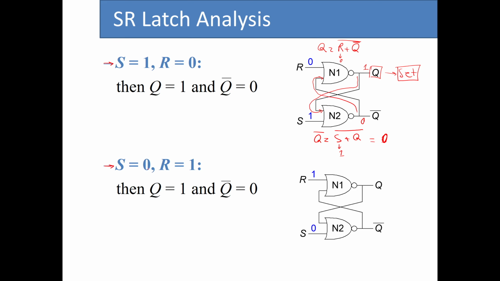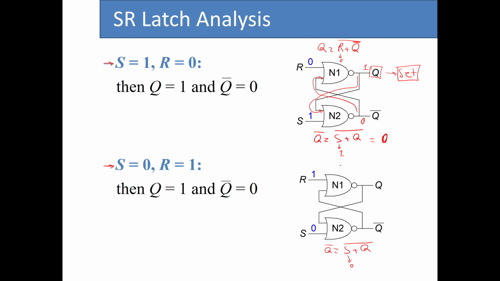In this configuration, we have S to be 0 and R to be 1. Now, let's just do the same analysis. Between these two NOR gates, which one of them do we know the output for sure? For N2, Q bar is S NOR Q. So when S is 0, depending on the value for Q, we have either 0 or 1 for the value of Q bar.